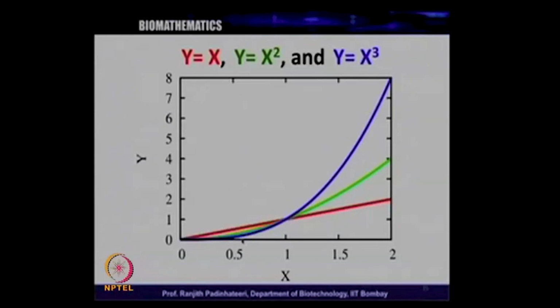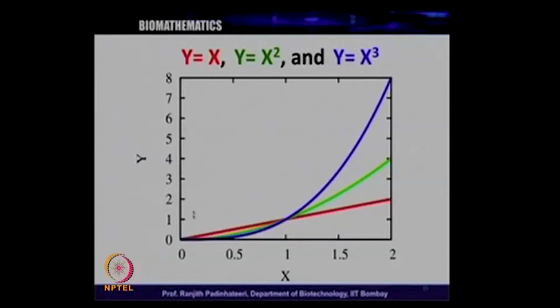As you can see here, at 1 all of them meet, that means the square and cube of 1 is 1 itself. Below 1, x is larger than x square, the red is above green, and x square is larger than x cube, that is the green is above blue.